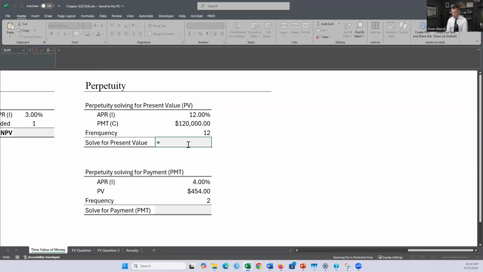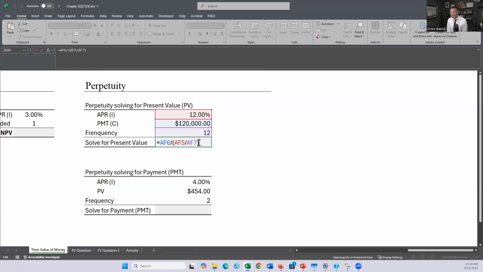So what we're going to do is go equals. Again, if we're trying to find the present value, how much money we need in our account, it's going to be the cash flow divided by the interest rate. Now that's going to be wrong, right? If I wanted 120,000 per year at 12%, it makes sense, I need $1 million. But remember, I want that per month. So I have to divide by the interest rate, and I need to bracket the interest rate divided by 12.